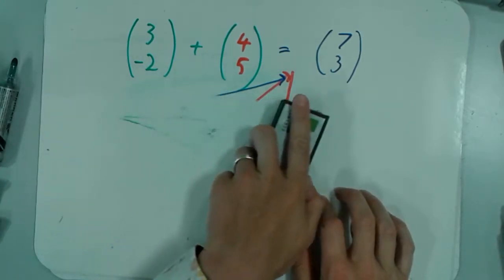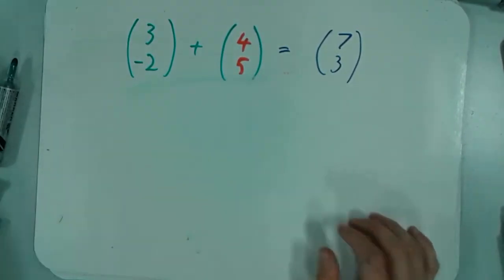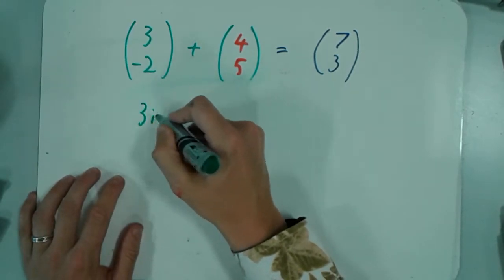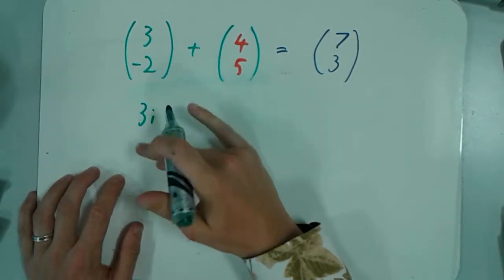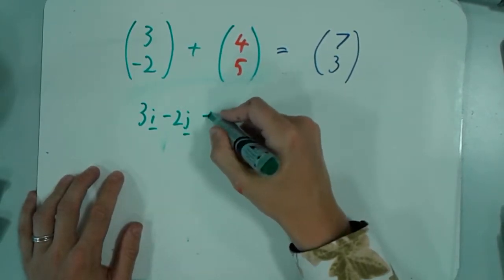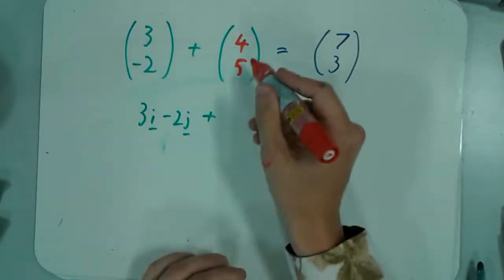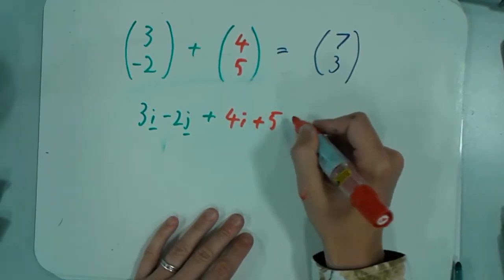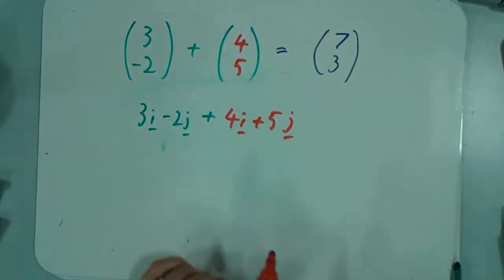That would also work if we wrote this in i and j form. What we would have is 3i - 2j plus, let's change to red so we know it's corresponding to the same vector, 4i + 5j, remembering to underline anything that's a vector.